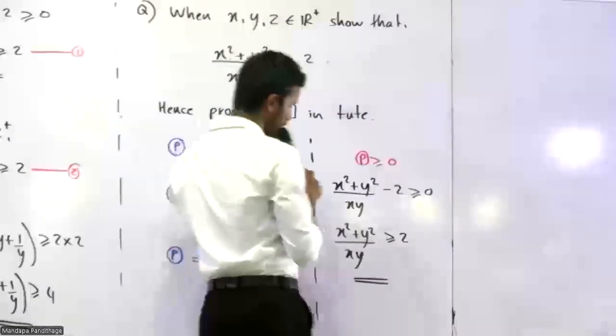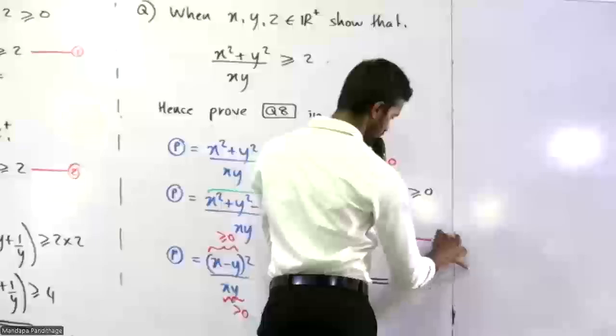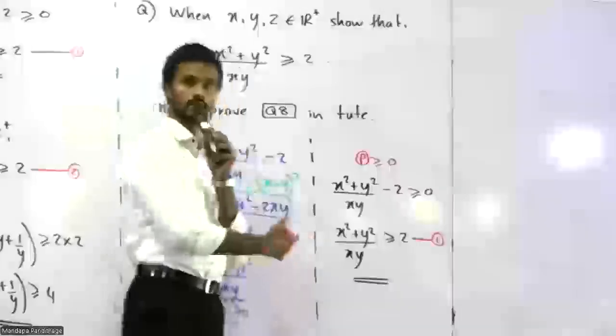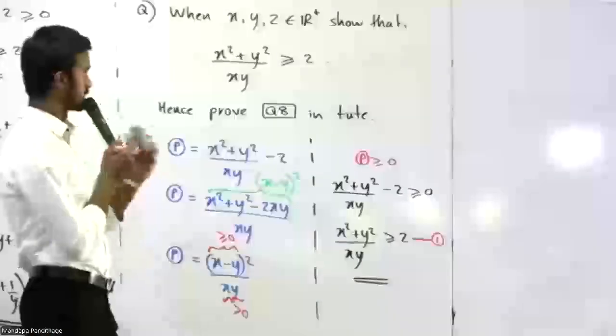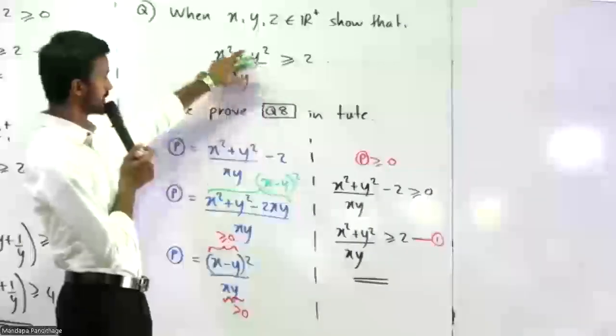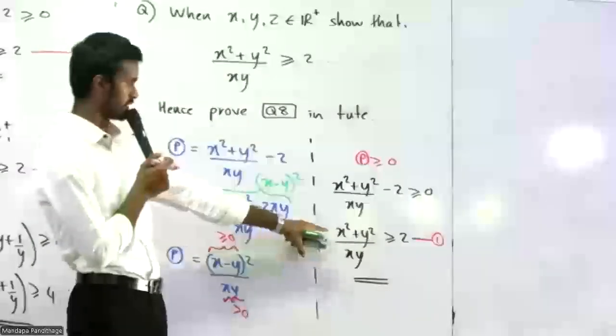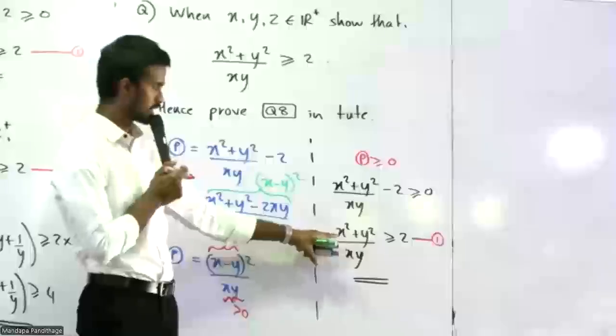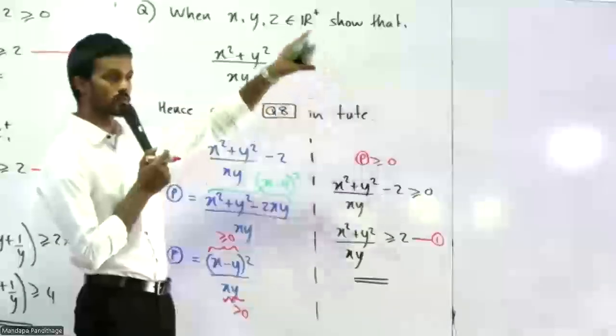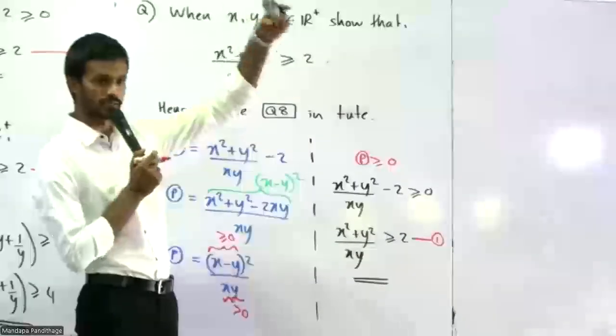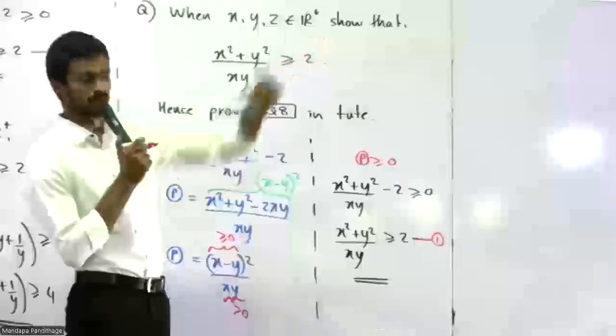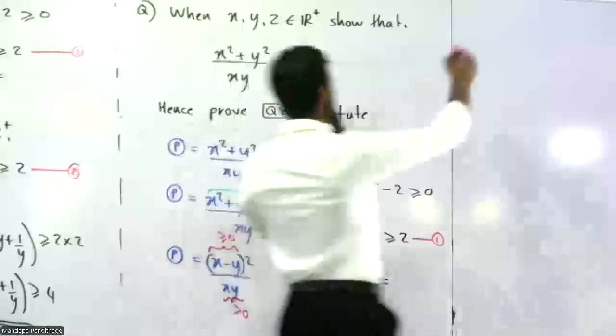Then I told you, wait first, hands up who got this one, so you should get it. Then I told you, when you look at the question, it's the same result but with different things. Here we got x squared, y squared. In the next one, it's y squared, z squared. And the last one, it's x squared and z squared. So you don't have to go from the beginning.